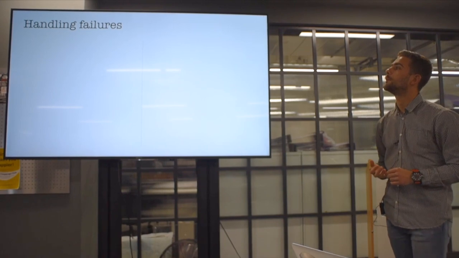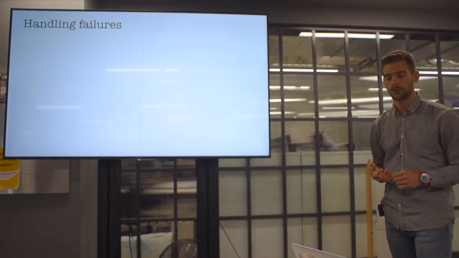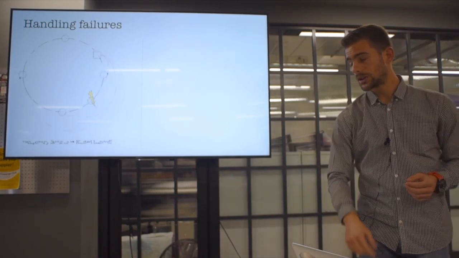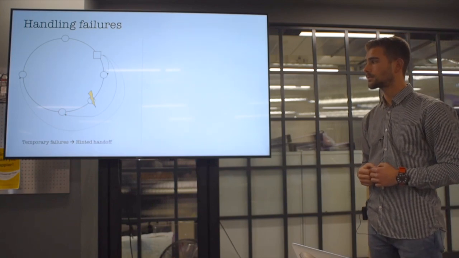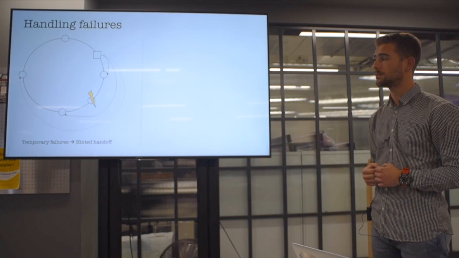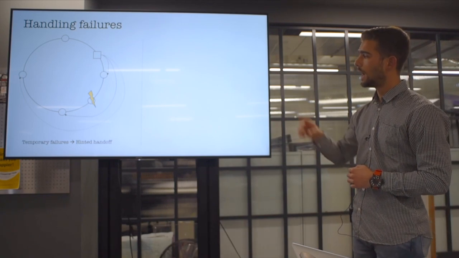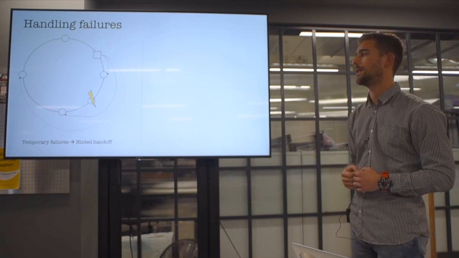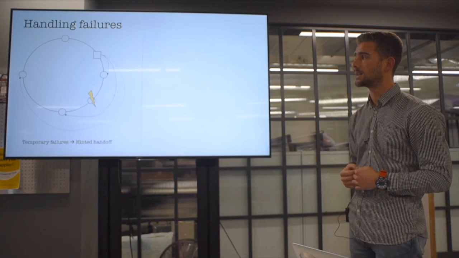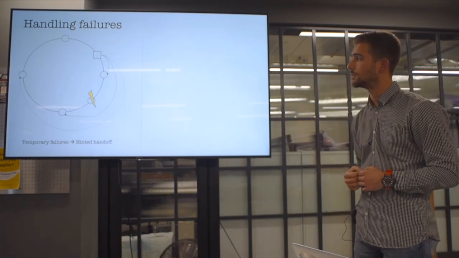So the next section is failures, how they handle failures. And there were two types of failures. The first one was temporary failures. And the technique they applied to deal with that is called hinted handoff. So we have these three nodes that would, in normal cases, receive the replicas. And the second of them is down temporarily, is having an issue.